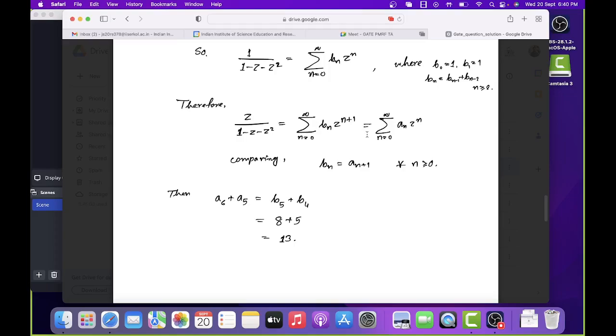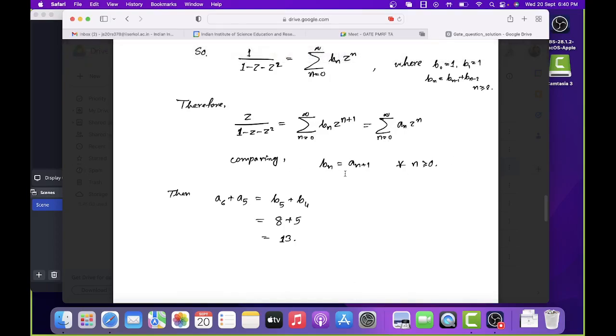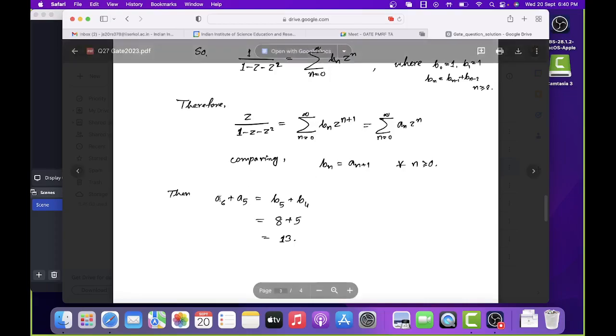If you put 0, what is b0? Basically b0 is the coefficient of z, and here a0 is the coefficient of z, which is a1. The coefficient of z square is basically b1, and the coefficient of z square is a2. So if you compare them for n greater than or equal to 0, you can see that bn equals an plus 1, right? So therefore, what will be a6 plus a5?